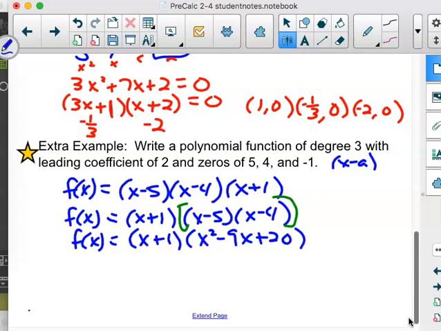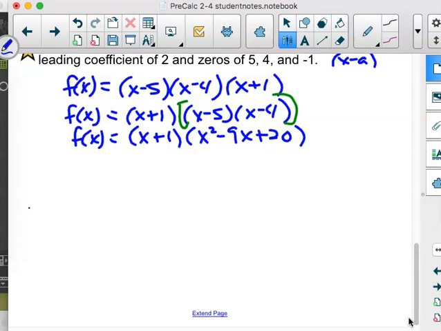So when I multiply the x minus 5 and the x minus 4, I'm getting x squared minus 9x plus 20. And now, this is when I'm happy that I kept the easiest one. The x plus 1 doesn't have any negatives in it as the last one to multiply through, because I have to multiply everything by x and multiply everything by 1. So multiplying by x, we have x cubed minus 9x squared plus 20x.